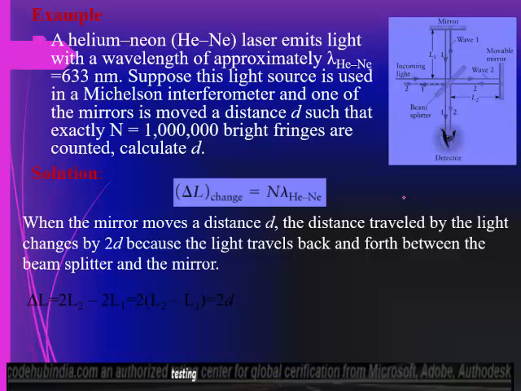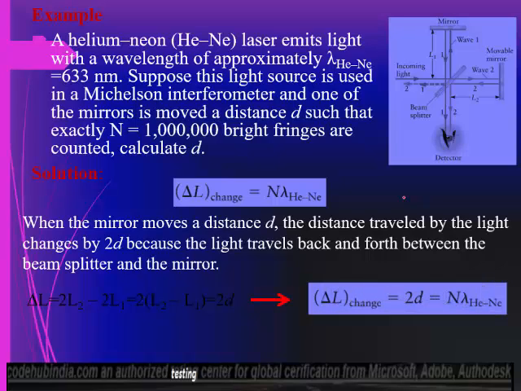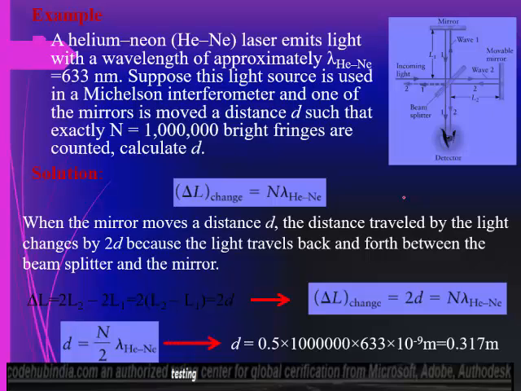What happens? Delta L is 2d and equal to n lambda, and d equals n lambda by 2. Thus d is half of n lambda. We know the n value from the problem.